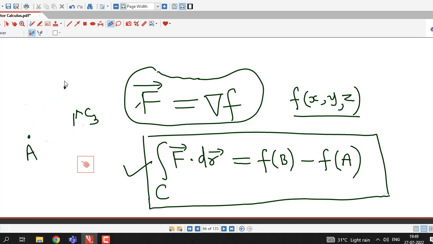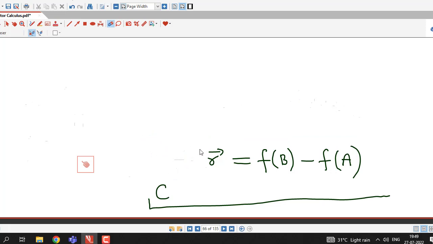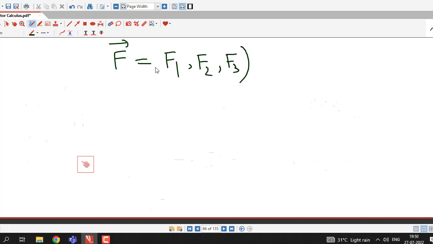So if you have not seen lecture number 15, I suggest you go for lecture number 15 first before going for this lecture. In this lecture we are going to discuss one example related to this fundamental theorem for line integrals. Another thing we will understand is, suppose I have a vector field F bar with three components, say f1, f2, f3, and we are working in R3, that is in space.